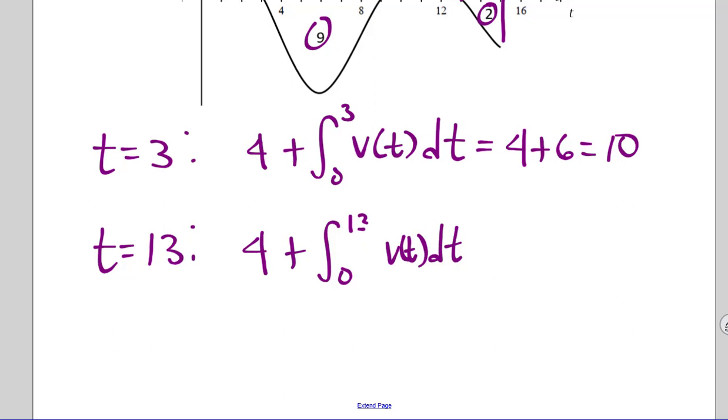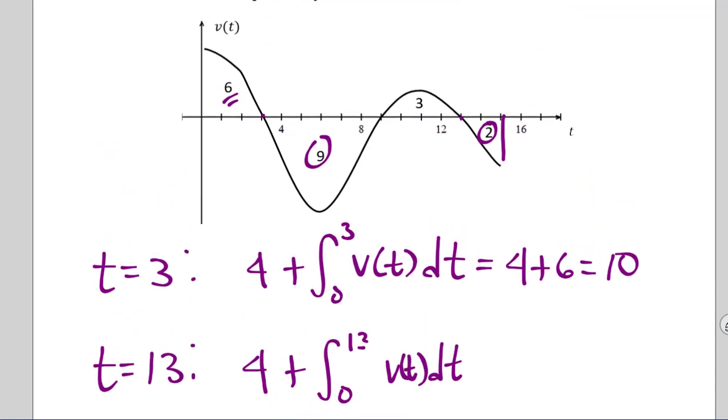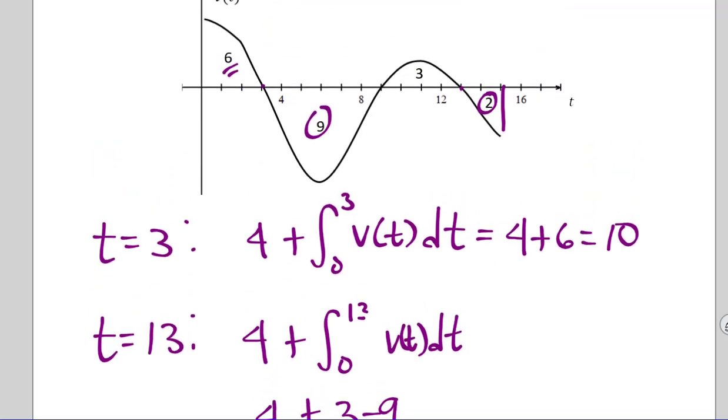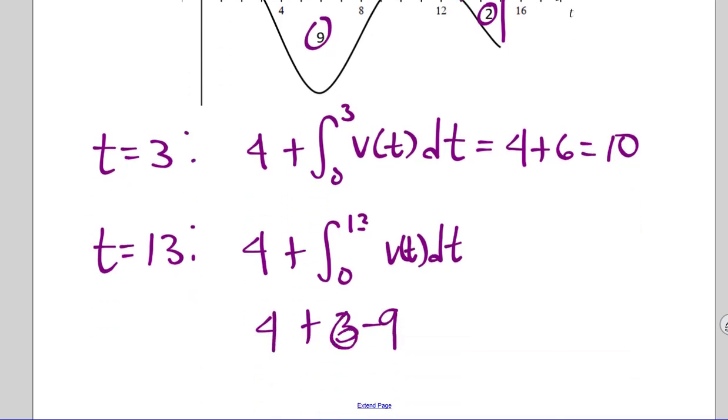We could have broken it up if we wanted to, but what's most important is that we understand what to do with this interval. We've got 4 plus 6 minus 9 plus 3. And so what we get for that is just 4.